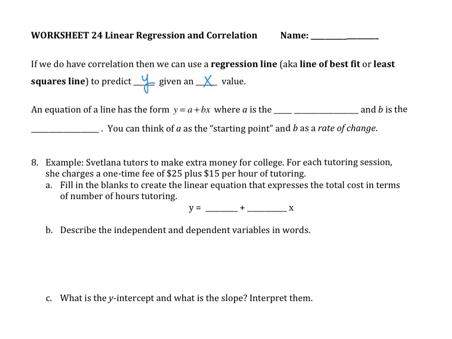So an equation of a line is y is equal to a plus bx. Sometimes the b is called the slope, right? It's the one number that is attached to x. A is the y intercept, and b is the slope. A is basically like a starting point, and b is the rate of change, which is the slope.